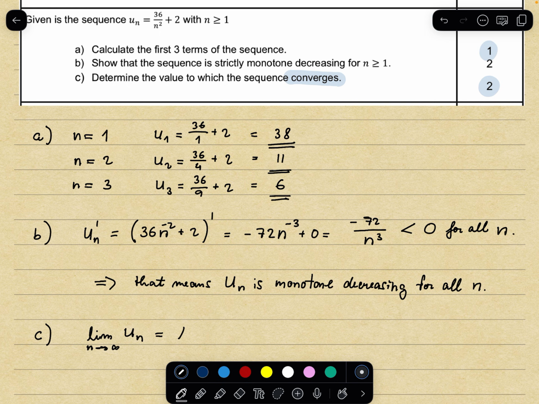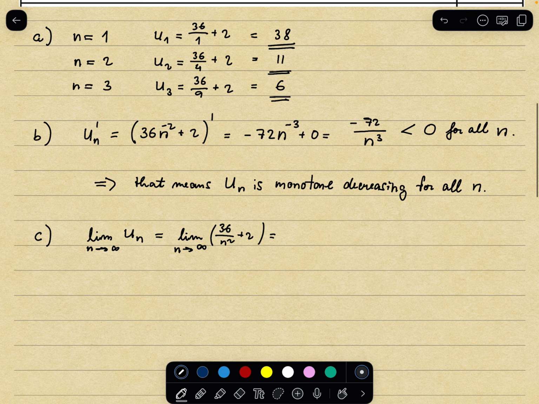And then remember to continually write the limit until you are actually evaluating it at the end. So this is the limit of 36 over n squared plus 2. You could skip to the very end and just write the conclusion. I will break it down here, again making sure that my train of thought is visible on the paper.